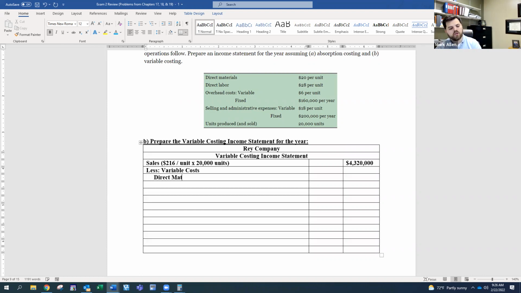So here we go. Direct materials is certainly one of those. We'll deal with the math on that in a second. Then, of course, we have direct labor. We'll deal with the math on it in just a moment. Next, we have our variable overhead costs. Of course, that has a little bit of math for it. And whenever we get to our variable selling and admin, we'll see that in just a second also.